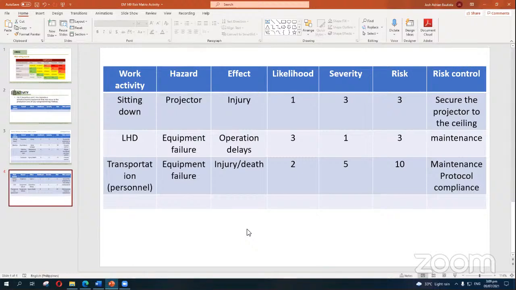Although tama naman that equipment failure would definitely cause operation delays, inherently in itself it won't cause harm doon sa mga personnel natin. Pero tama naman, important naman din lahat ng mga minention ninyo dito. Okay, sige. So thank you very much sa underground mining group.